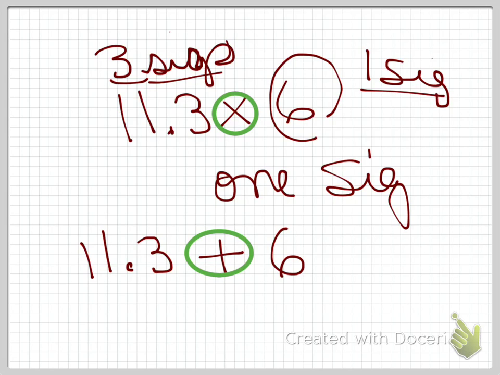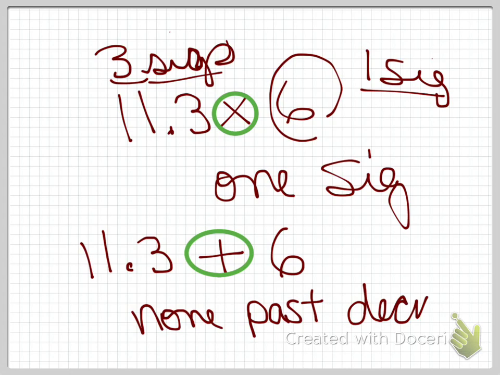And so, in this case, we have none past the decimal. Alright, so here our answer is just going to be 1 sig, period. Here our answer is going to end up being 19, period. That's got 2 sigs in it, but none past the decimal.